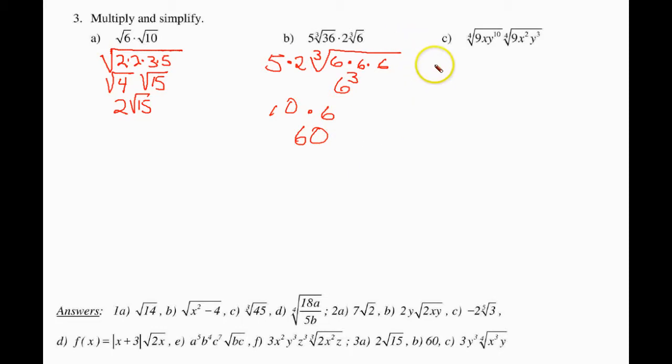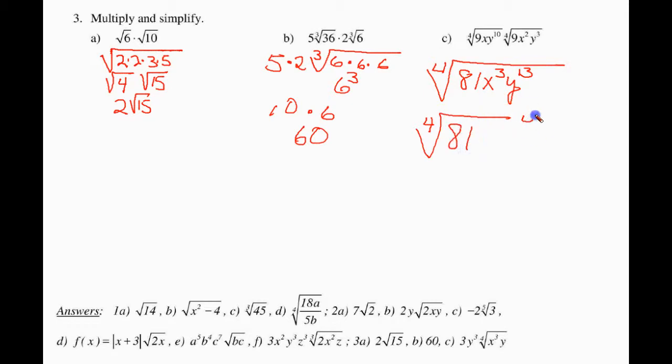And here we have the fourth root of 81, x to the third, y to the 13th. Now, 81 is a perfect fourth, so under this radical sign, you're going to put the 81, and then the other radical sign, nothing left over there.